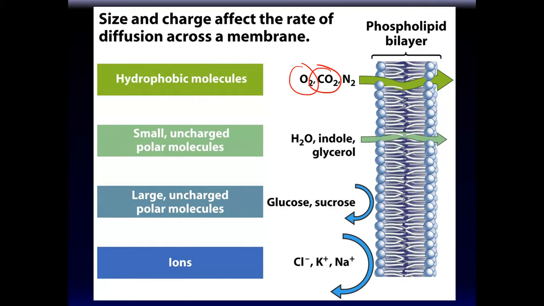That's a waste product, and you breathe it out. Carbon dioxide also leaves the cell by diffusion. There's no special transport for these molecules, and the same goes for nitrogen. Small molecules like water are able to get in. But bigger molecules like sugar can't get in. And ions, as we said, can't get in at all.